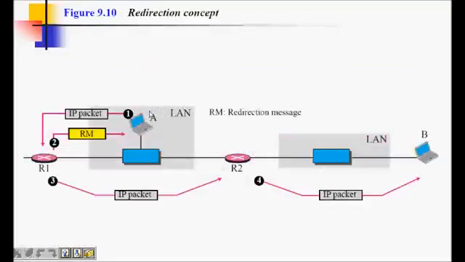Then we have the redirection concept. What is redirection? I'm on a LAN, A is the machine, and it sends one IP packet to B, but it sends it to router R1. There are two gateway routers, and it sends it to R1. R1 knows that B is on the other side, so it gives a redirection message to A so that it can update its table: if it wants to reach B, it has to go via R2.